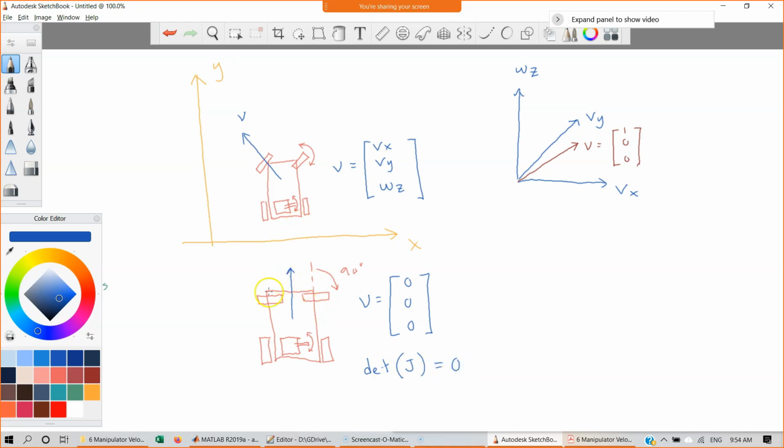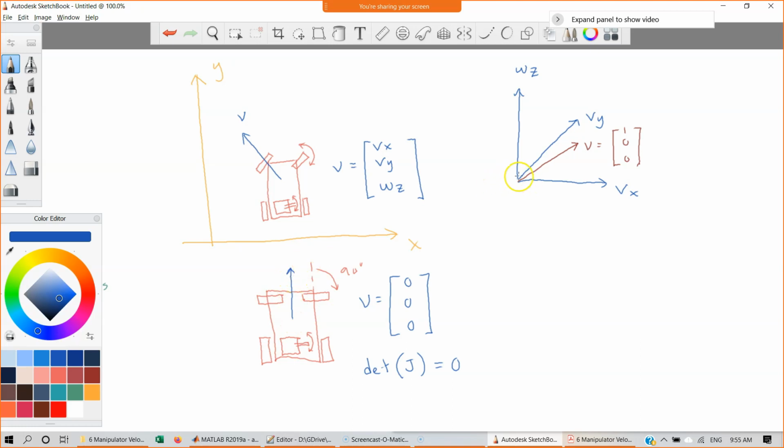Alright, so in this configuration, if you try to compute the inverse of the Jacobian matrix, you cannot compute because the determinant will be 0. What that means is that there is a spatial velocity that you cannot perform. And physically you can see that you will not have any motion.